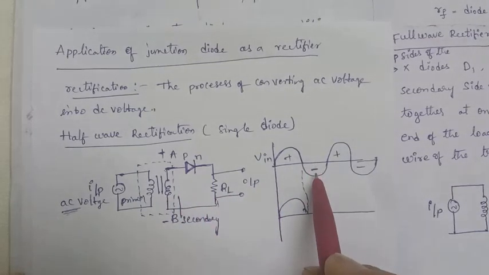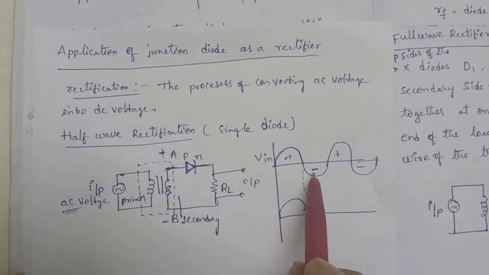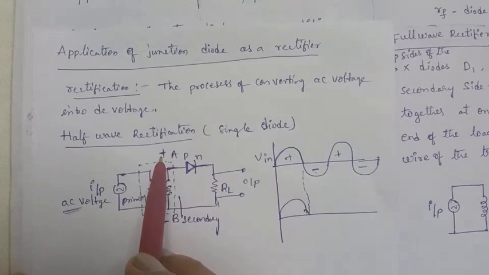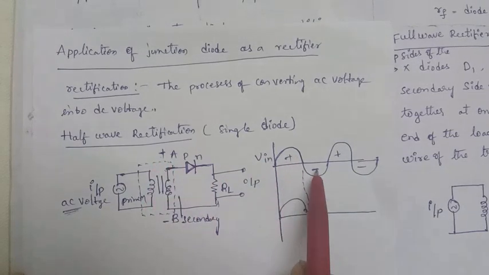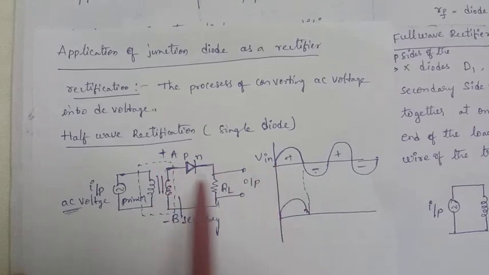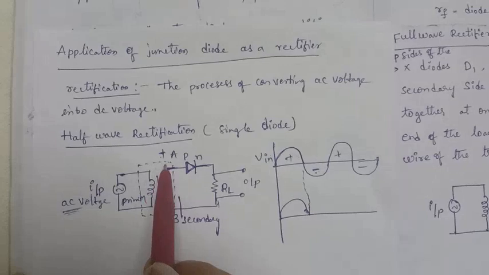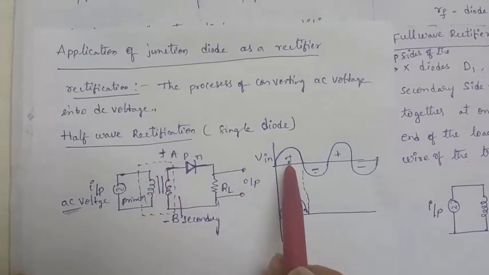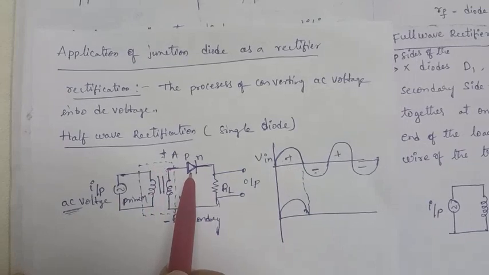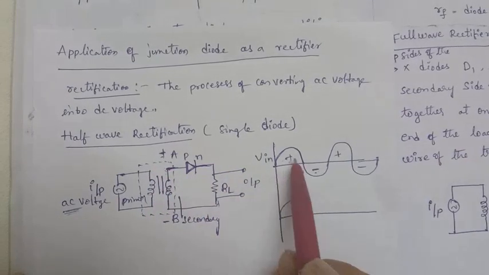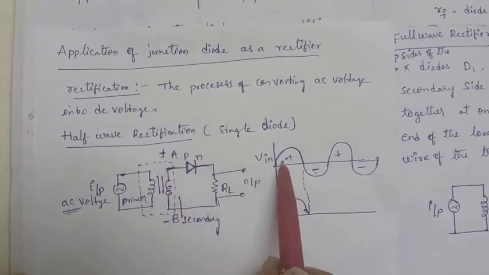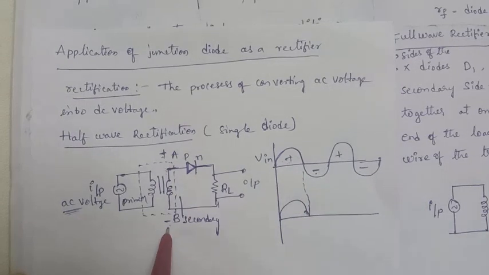Now go for the negative cycle. For the negative cycle, A is negative. Simply remember it in this manner: for the positive cycle, A is positive and B is negative.